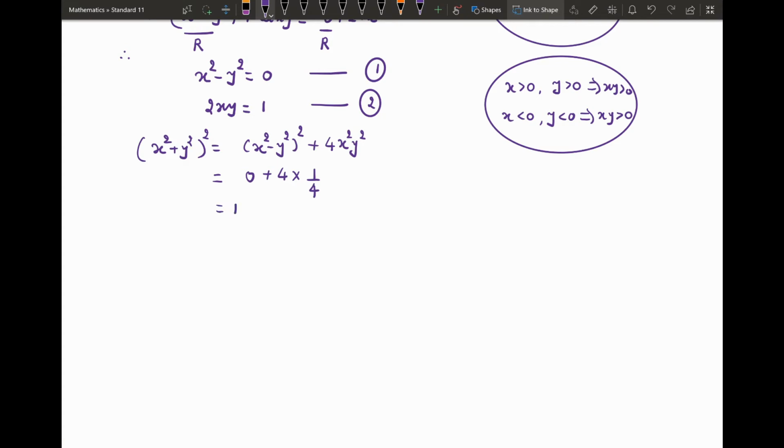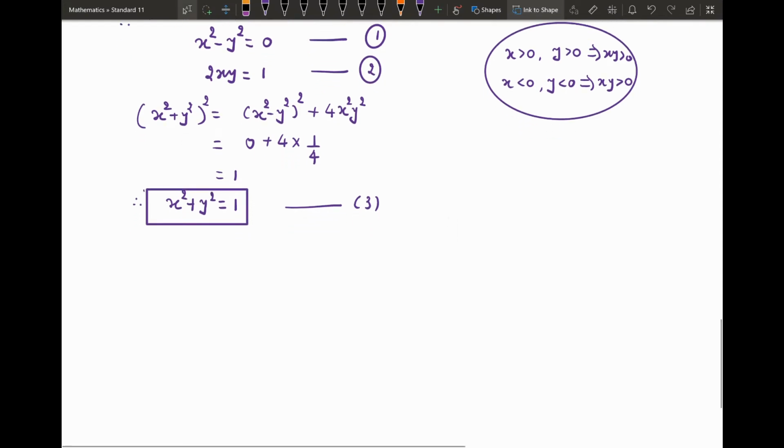So this is 1. Now when we take square root, x square plus y square equal to 1, say equation number 3. And x square plus y square is always positive, so we will not consider plus minus 1, because the square is positive.